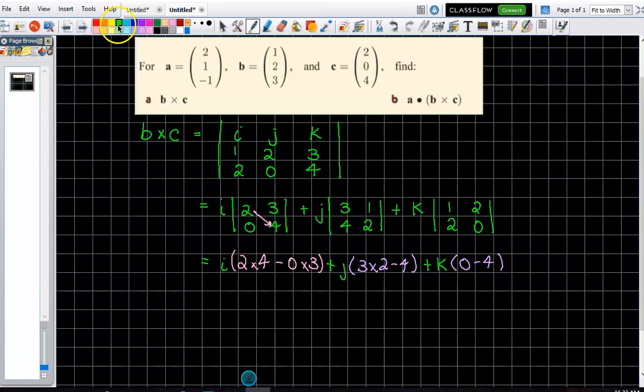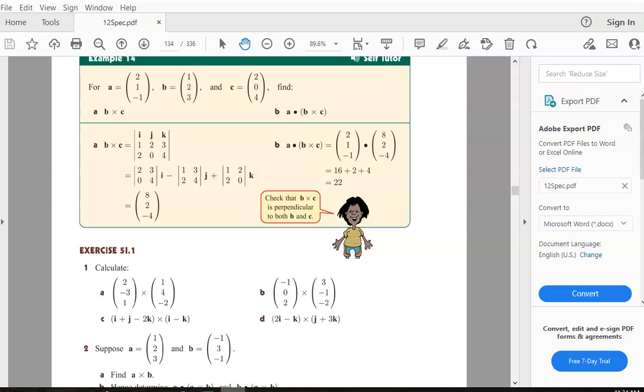And so that's how we get 8, 6, take 4. Minus 4. And away we go. Same answer.